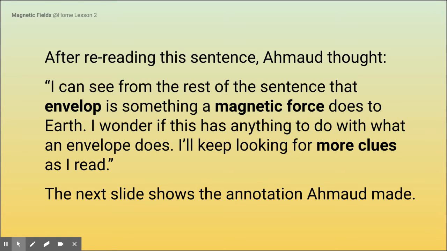I wonder, listen to that I wonder statement. I wonder if this has anything to do with the clues and of what an envelope does. I'll keep looking for more clues as I read. The next slide shows the annotations Amund made.